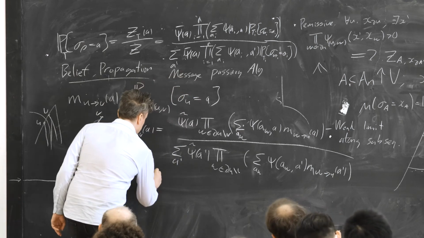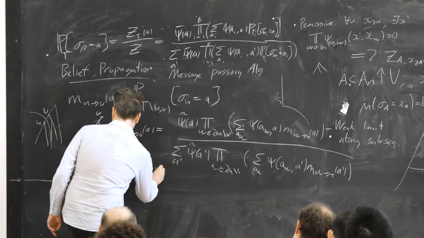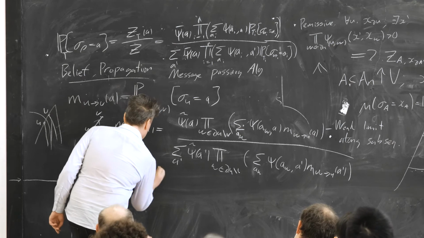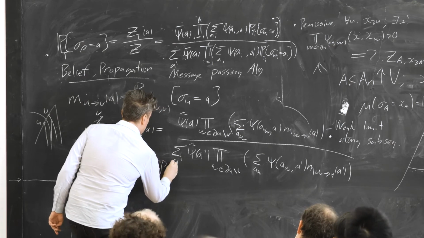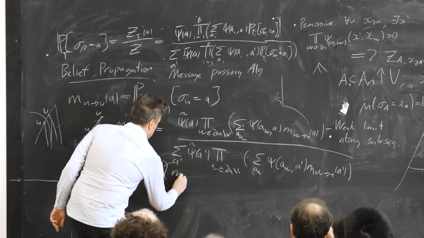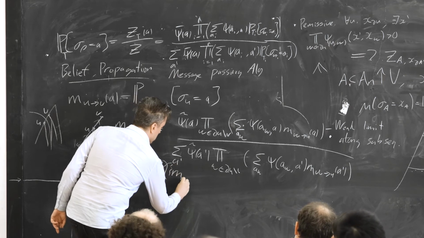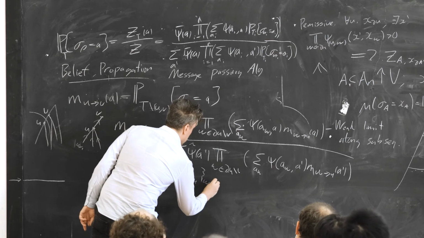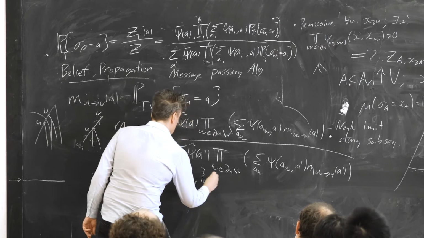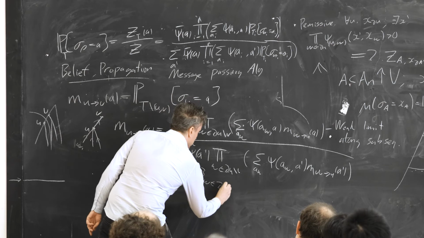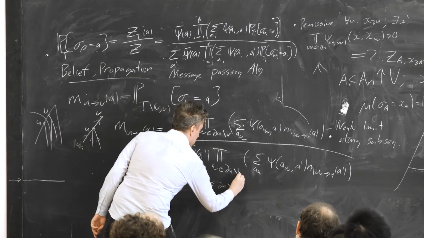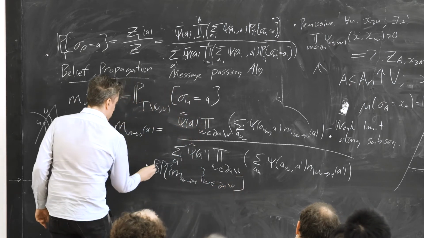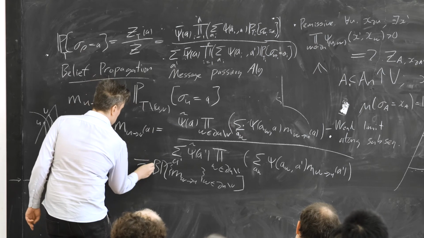And this is the definition of the belief propagation function applied to m, all of the w's into u, w in the neighbors of u minus v. So this is a definition.